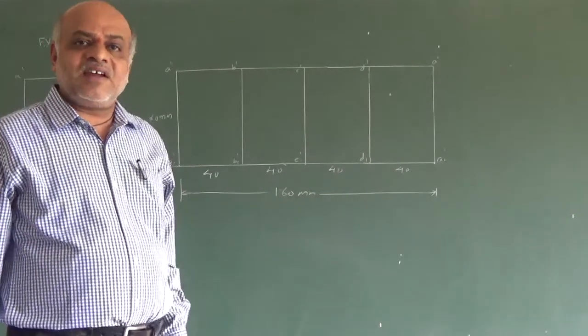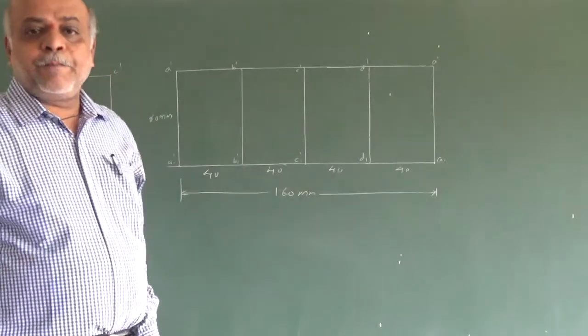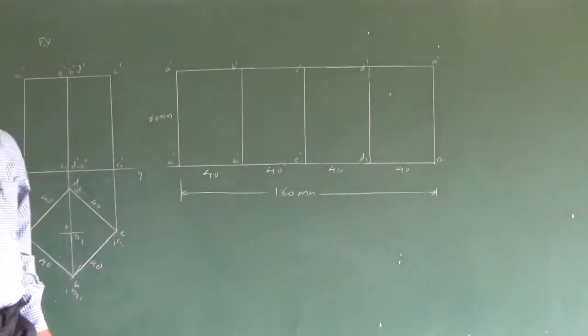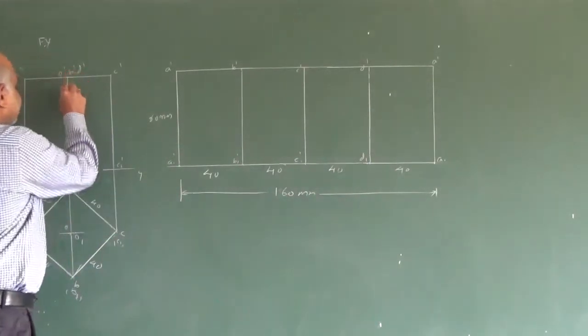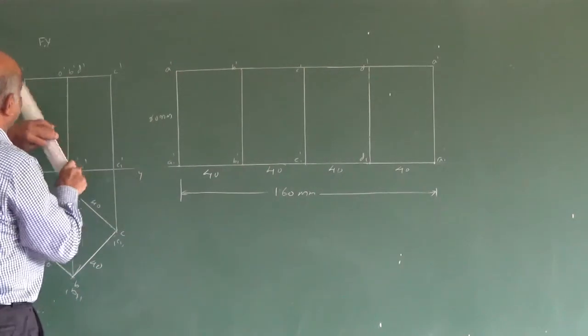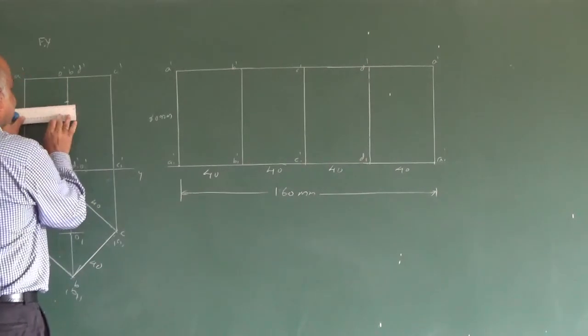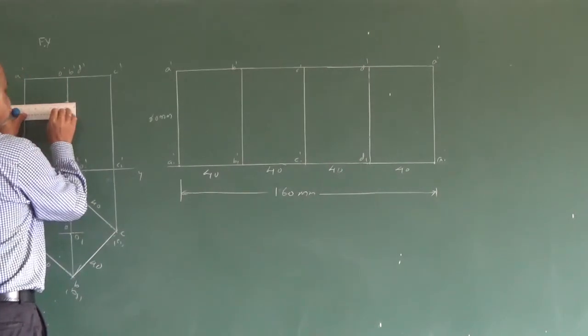So that cut section has to be shown in the front view only. But this cut section passes 15 mm from the top. So you have to consider this distance, 15 mm from the top.